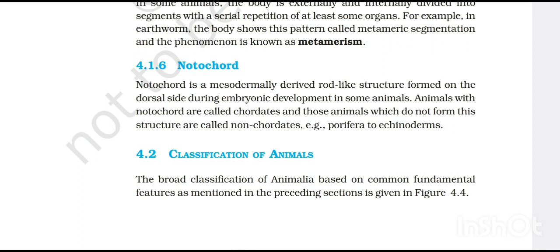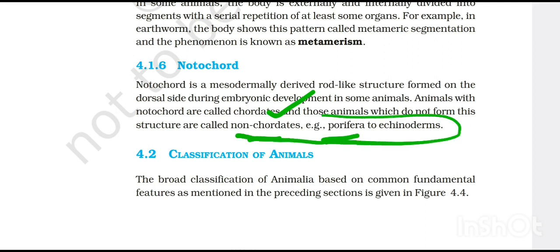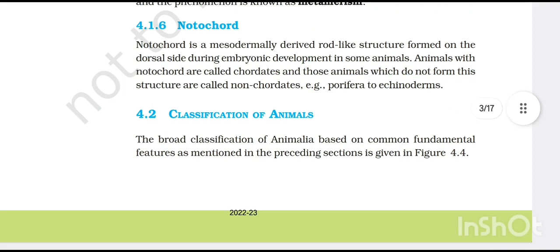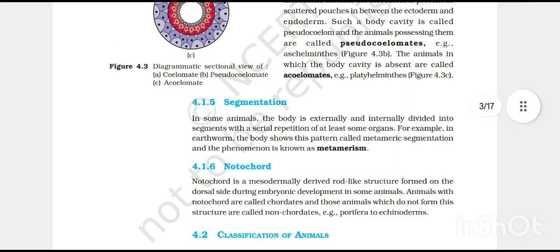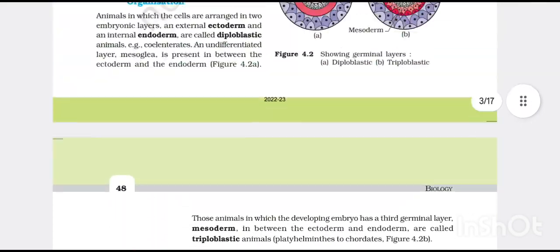Animals with this notochord are called chordates, and those animals which lack this notochord are called non-chordates. The examples of non-chordates are Porifera to echinoderms.